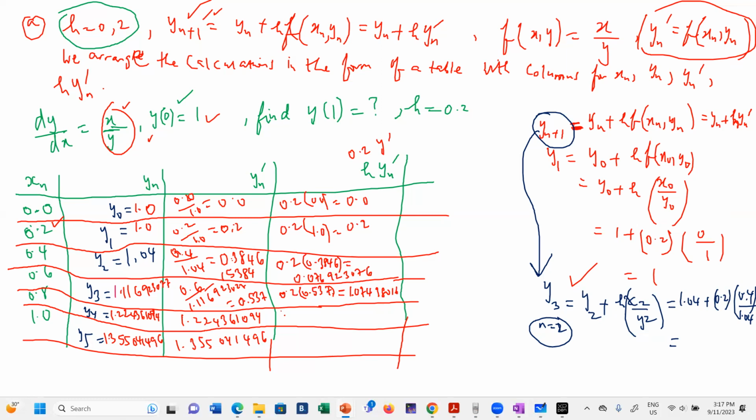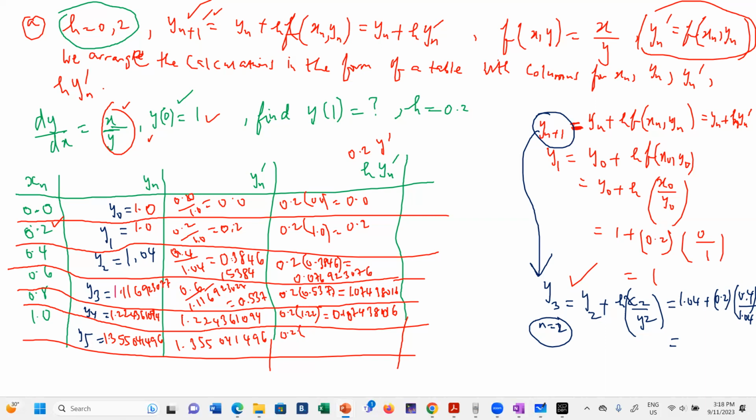Okay, here you take 0.2, you multiply by the y prime. 0.1074. 38016. 0.1074. 38016.